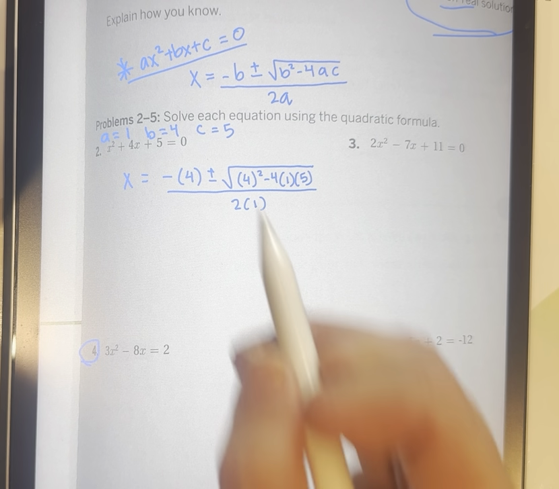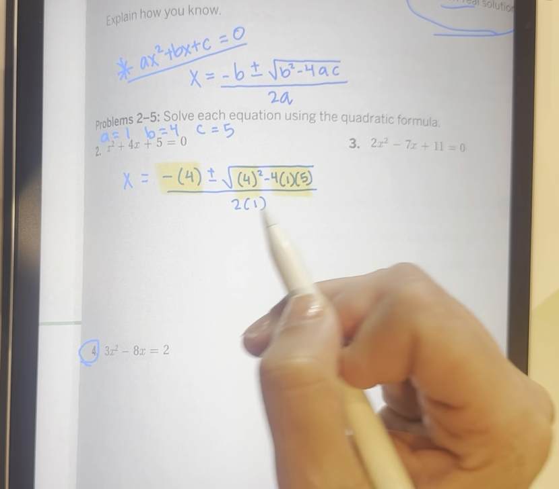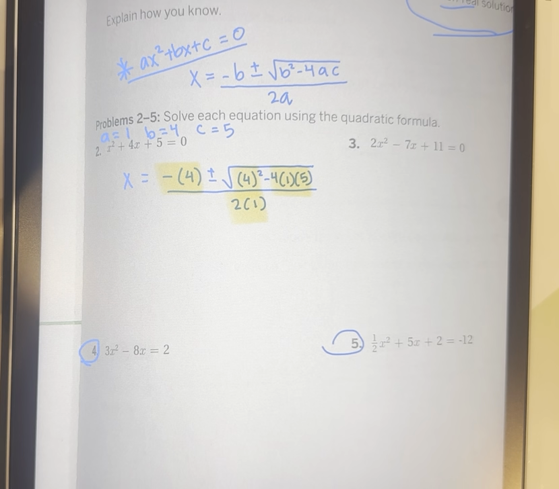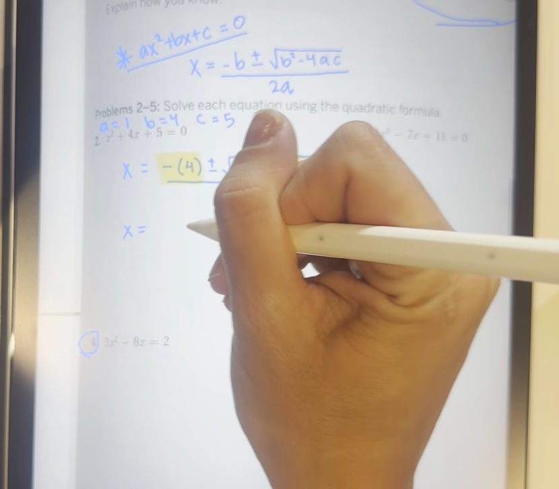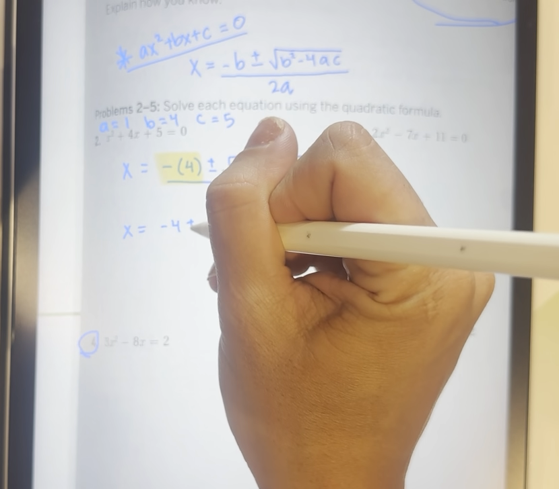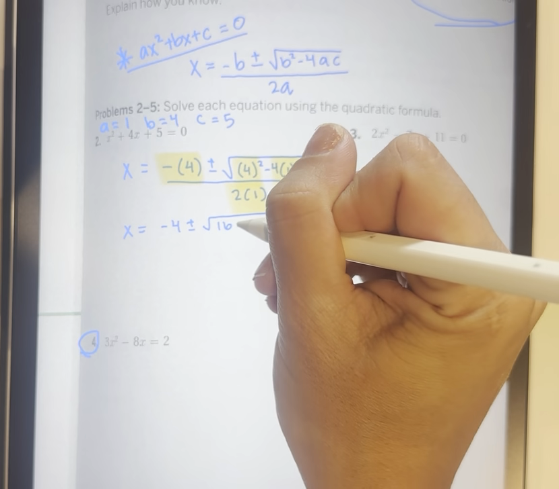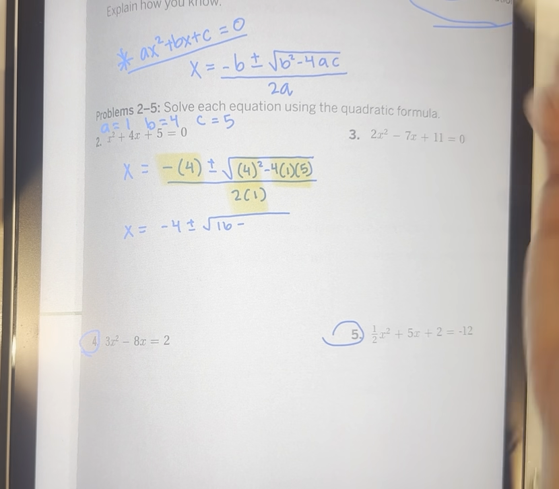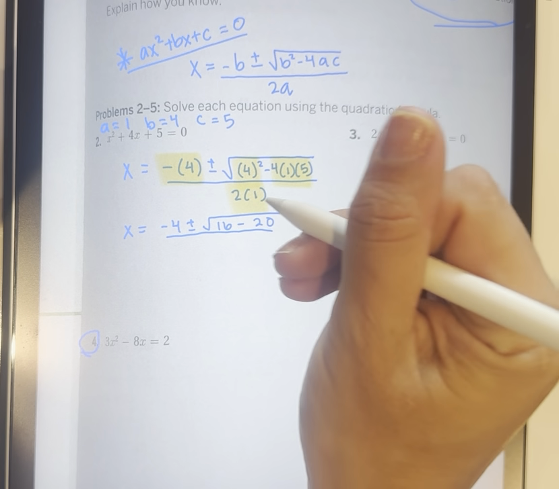And then now is the part where I just do each term simplified. No interterm simplification, all right? So now I do x equals negative 4 plus or minus the square root of 16 minus 4 times 1 times 5 is 20, all divided by 2 times 1.